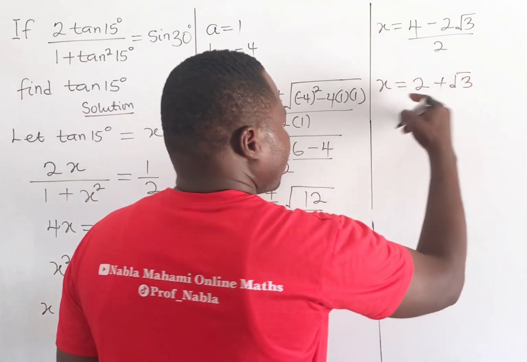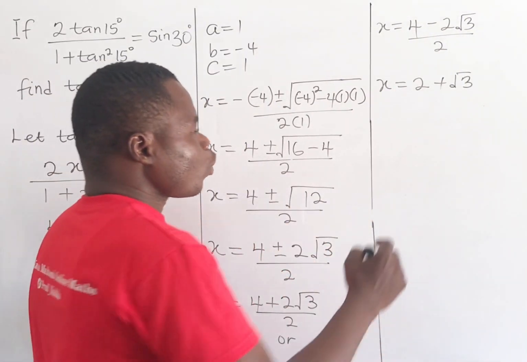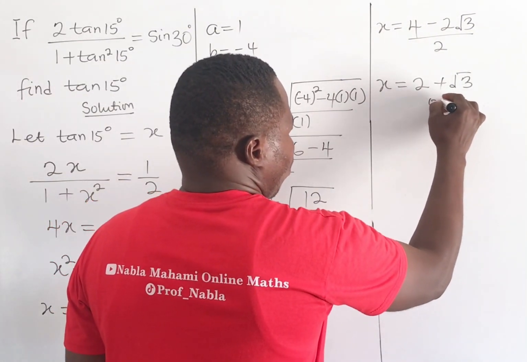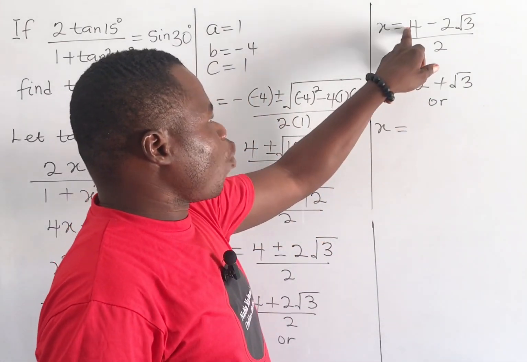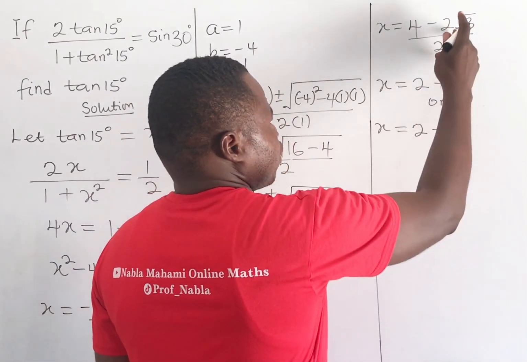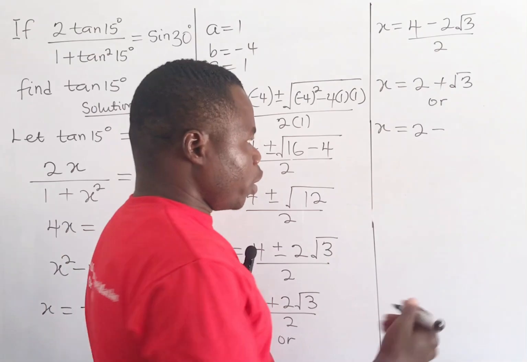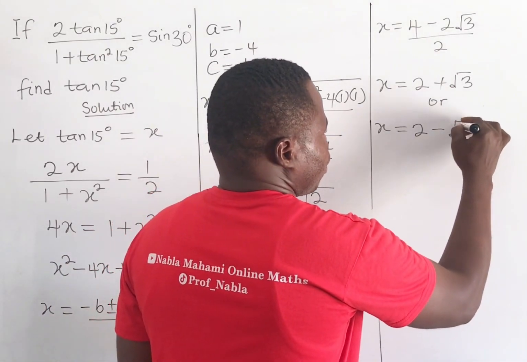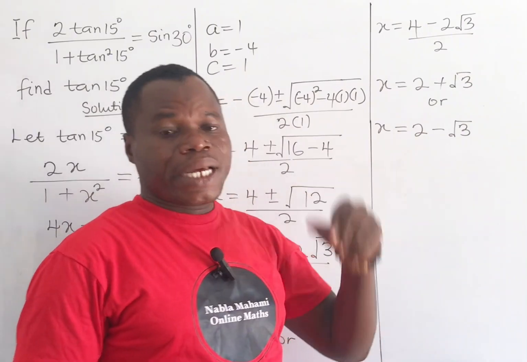So that means that x is either equal to 2 plus root 3, or x is equal to, this side, 4 divided by 2 is 2, minus 2 root 3 over 2. This 2 will take away this 2, then it will leave minus root 3. So these are the values of x in that equation.